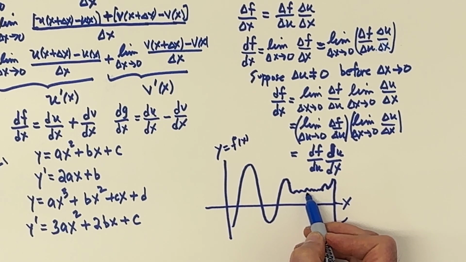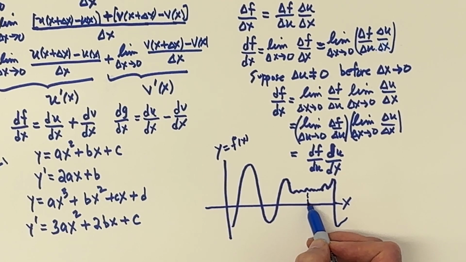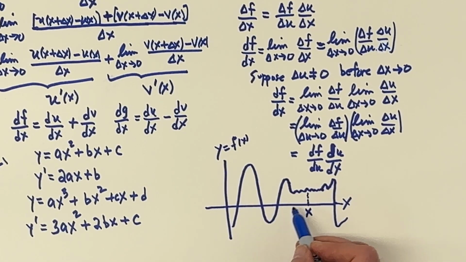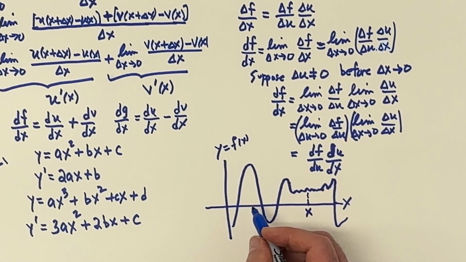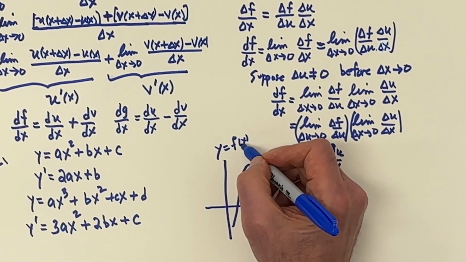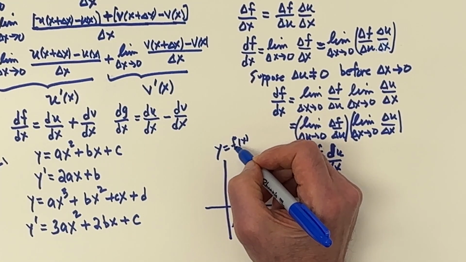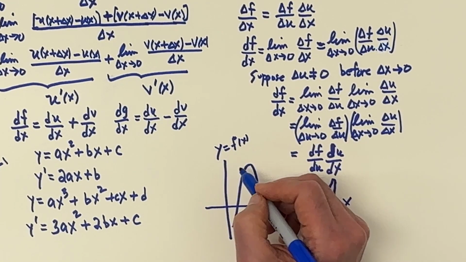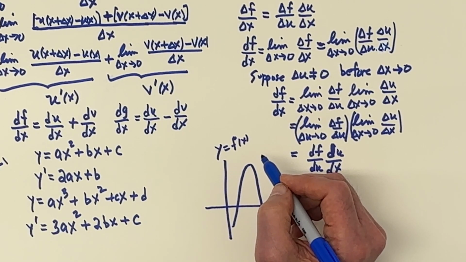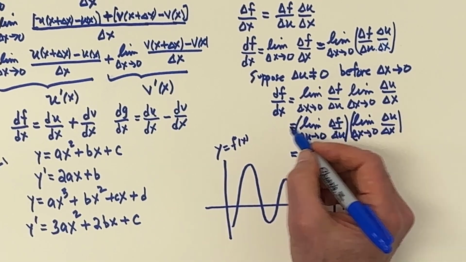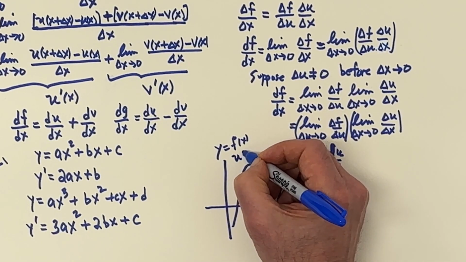So suppose I'm interested in taking the derivative at this point x. That's where I want to take my derivative, right? Now, a function that actually does weird stuff like that, and really I would like this to be the function u, so I'm going to emphasize this is u of x here.